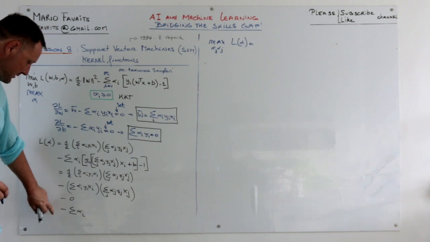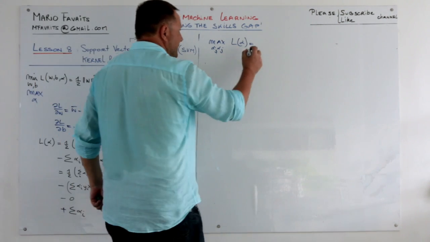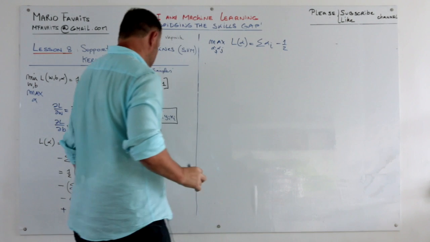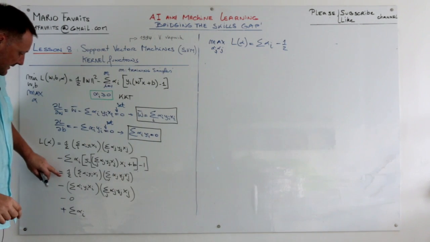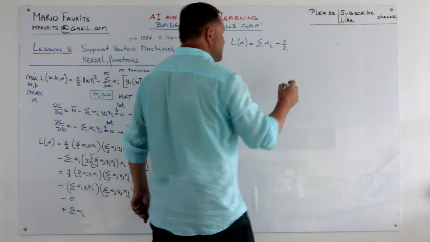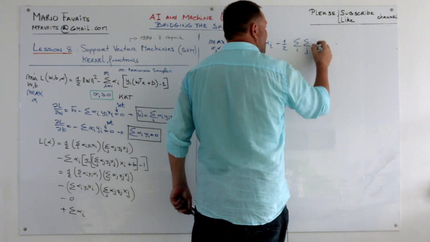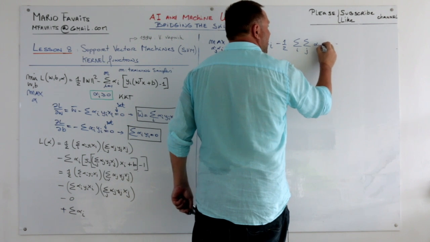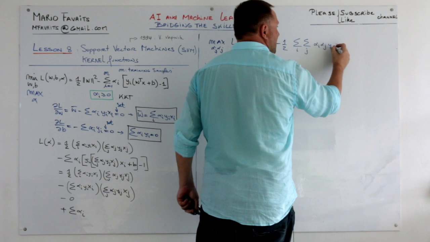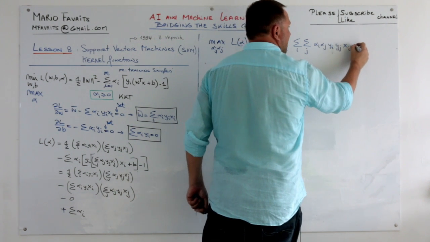Let me put this one first, the sum of alpha i, and then minus half, because half minus 1 is minus half, the sum over i, the sum over j of alpha i, alpha j, yi, yj, and then xi, xj.